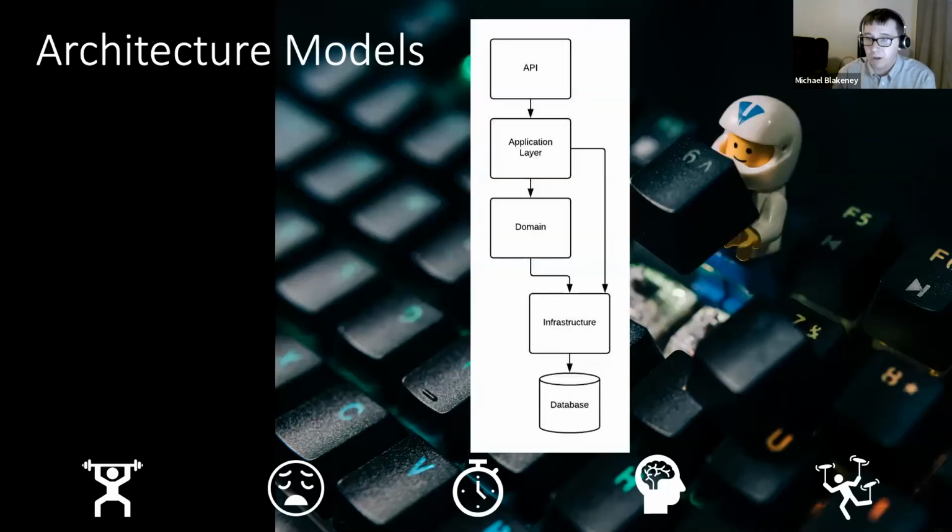Another example of architectural models is standardizing how your applications or projects are laid out. This helps ensure separation of concerns and good code organization. Additionally, it makes moving across projects much less involved because there's a common way of doing things.